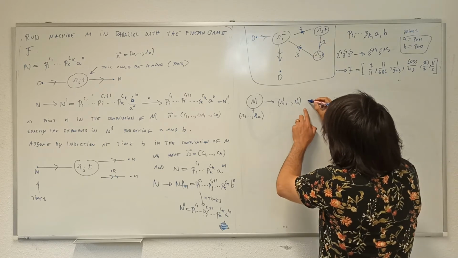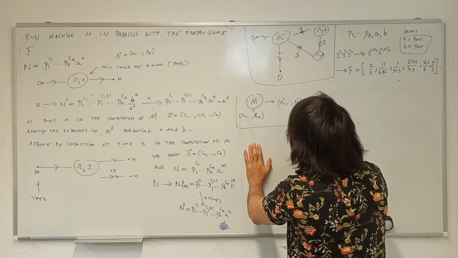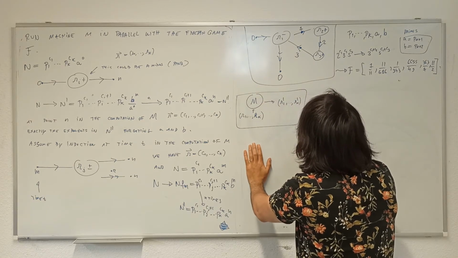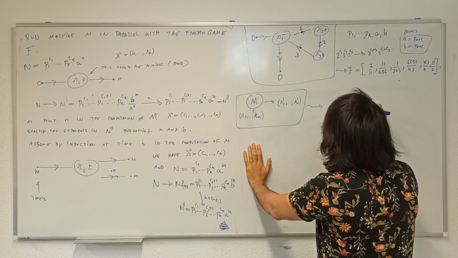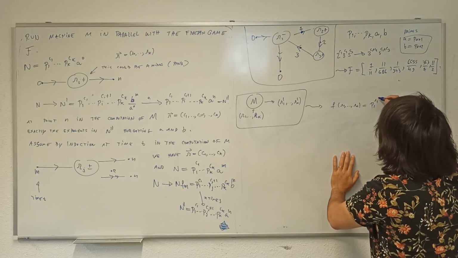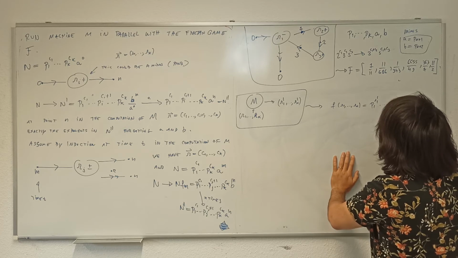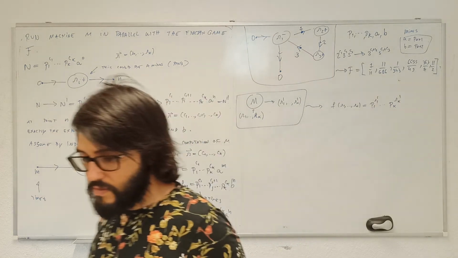But then if you use the coding, if you use primes here, you can then use this to come up with a function which will be exactly this one. Okay?